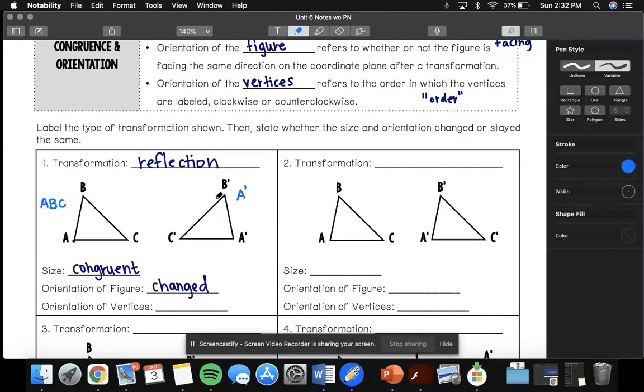So I see C prime and then B prime. Okay, so when it says orientation of the vertices, did these stay the same? Okay, ABC transformed to A prime, C prime, B prime. So this also changed.